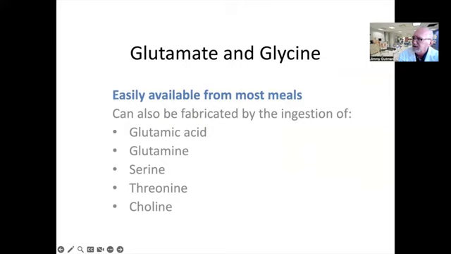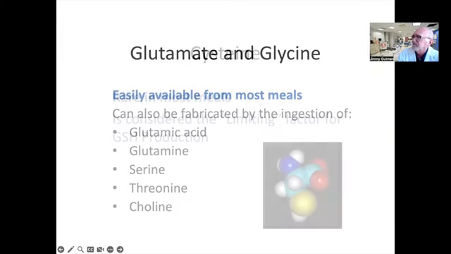They're abundant in foods. They are also not essential amino acids, so they can be obtained by eating other amino acids such as glutamic acid, glutamine, serine, threonine, and choline. So obtaining glutamate and glycine is easy.